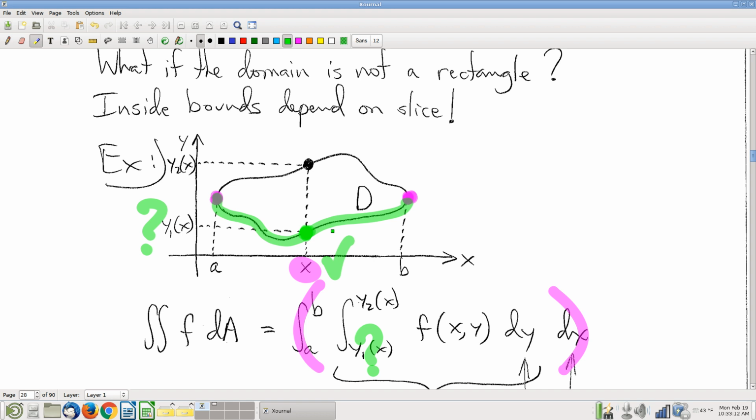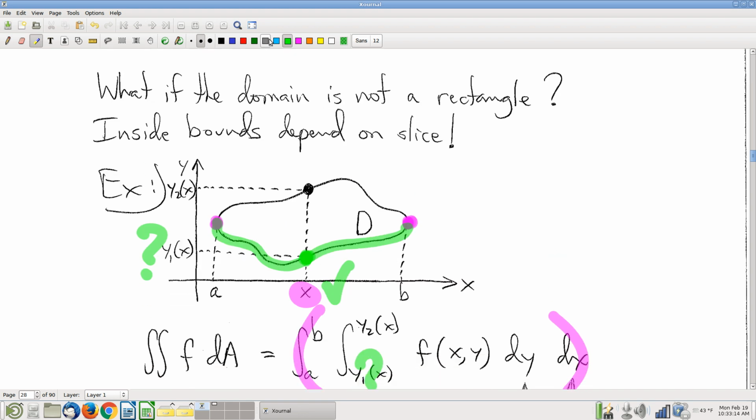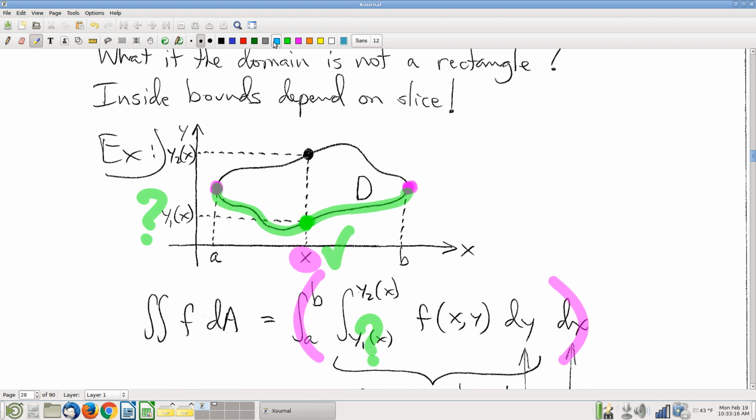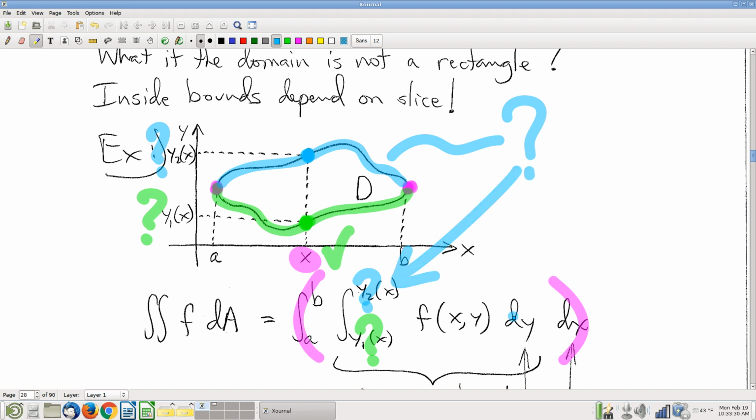Likewise for the upper bound. How would I find this upper bound there? That upper bound, well, that corresponds to that point. That point is on that curve. That curve is going to have some equation, and in that equation you can solve for y. Okay, so we'll see an example in a couple minutes.